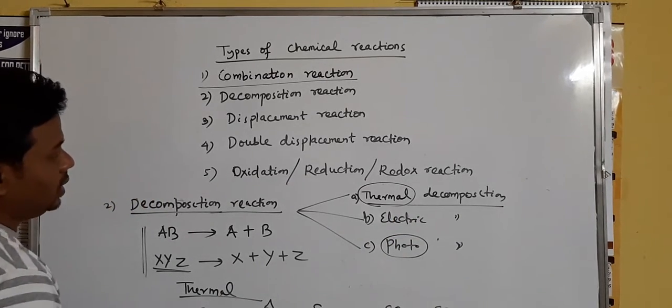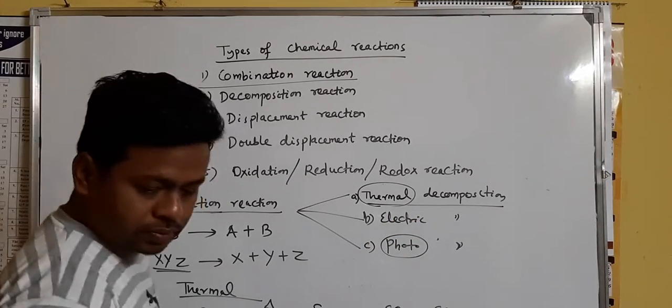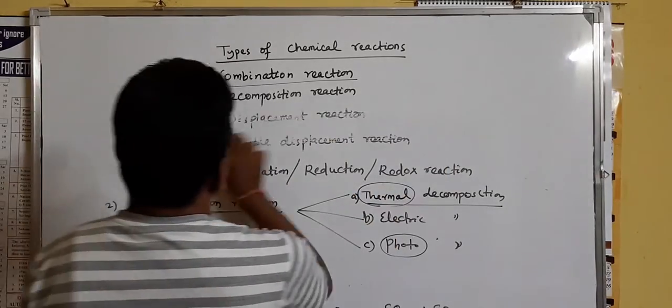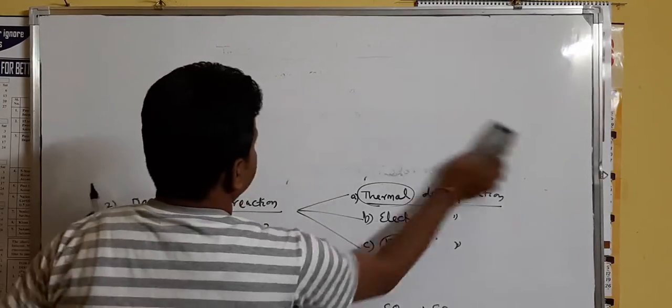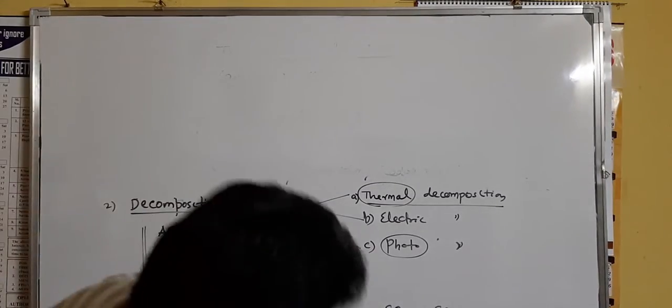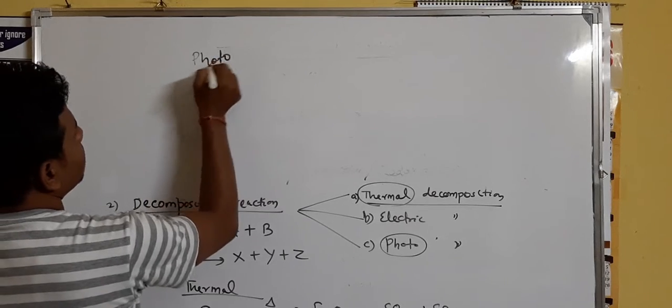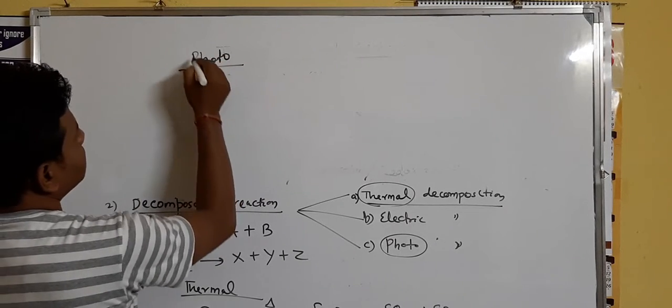And the third type of decomposition is photo decomposition, and photo means light.